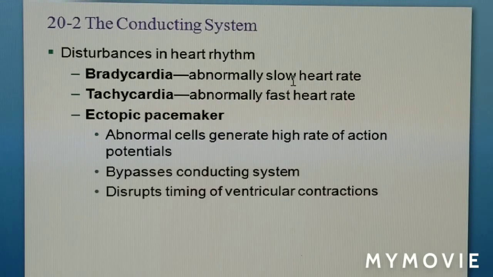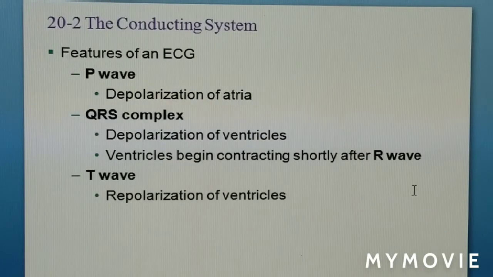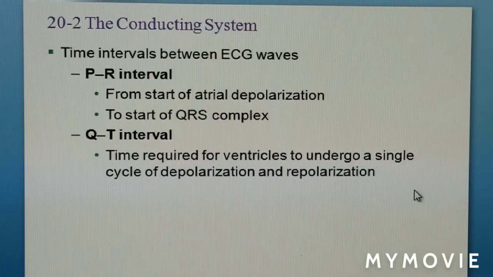Let's go back to the Q to T interval. So we're talking about this interval right here. Time required for the ventricles to undergo a single cycle of depolarization and repolarization.